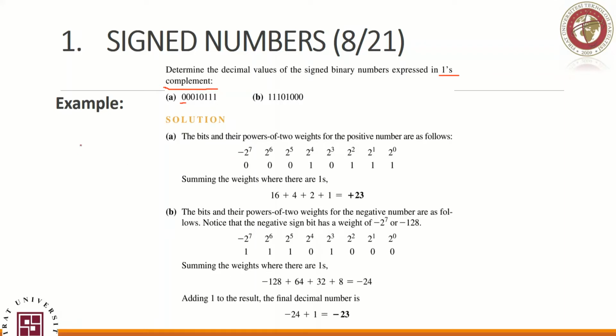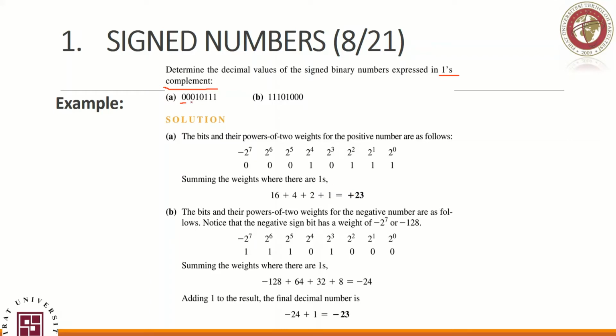So sum up the magnitudes, or the weights. The zeros you have to ignore, and also the sign is ignored. 0 times anything is 0, so you don't have to do that. But 1 times 2 to 4, so we directly say 2 to 4 plus 2 to 2 plus 2 to 1, plus 2 to 0. That is exactly how we get the outcome.